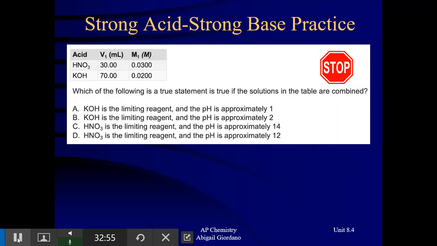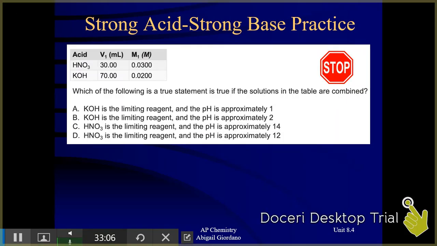All right, so because this acid and the base are strong, we could go through writing out our major species situation and we would come up with the same net ionic equation that we did in the example we just went through.